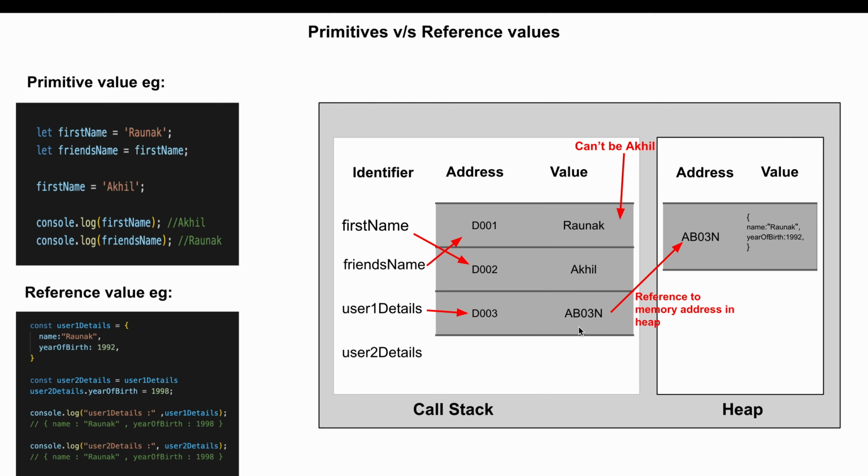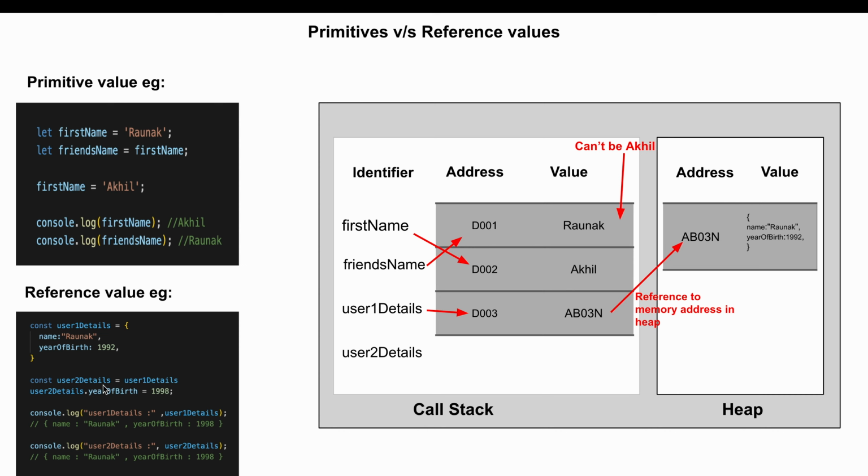That is the reason why we call objects reference types, from the perspective of memory allocation. And the primitive variables we call primitive types because they get stored in the call stack. Okay, so I hope you guys are clear so far.